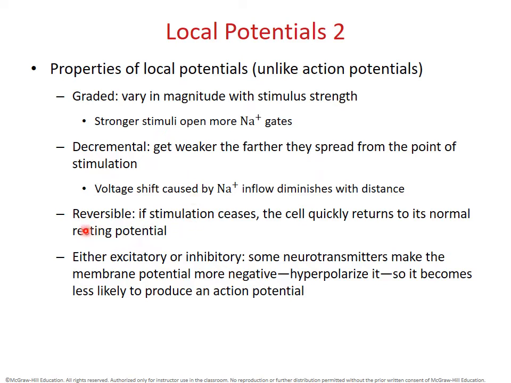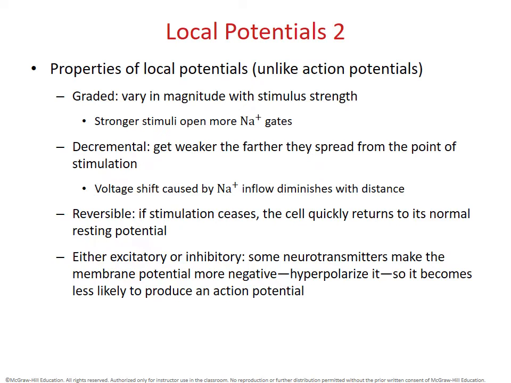They are reversible, meaning that the cell can quickly return to its normal resting potential once stimulation ceases. That's fairly self-explanatory. And then the final feature of local potentials is that they can either be excitatory or inhibitory depending on the signal. So we've pretty much restricted our conversations to this point to excitatory signals, where a dendrite, say, gets stimulated and we get channels opening that allow sodium to flow into the cell.